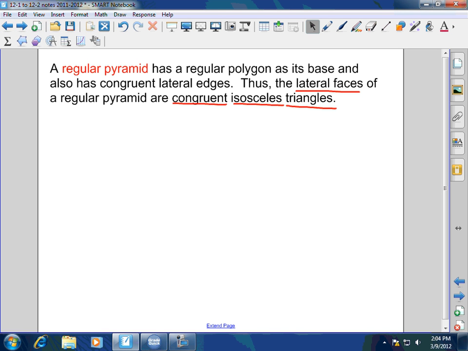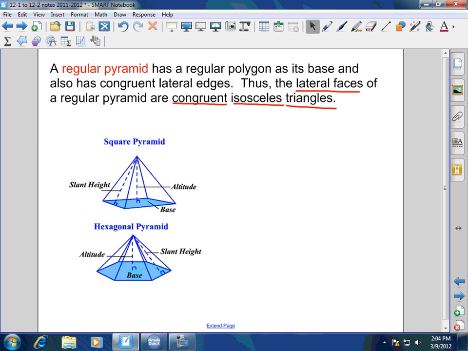Okay? Now, to show you how the pyramid works and all of its pieces, I have a couple figures here for you. I have a square pyramid and a hexagonal pyramid. I have 2 different pyramids just to show you that it's all the same. Okay? Of course, you have the base. Now, that's the base.